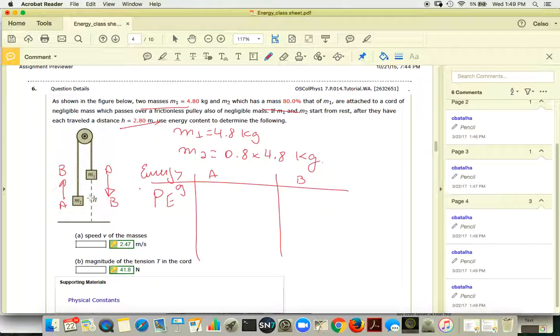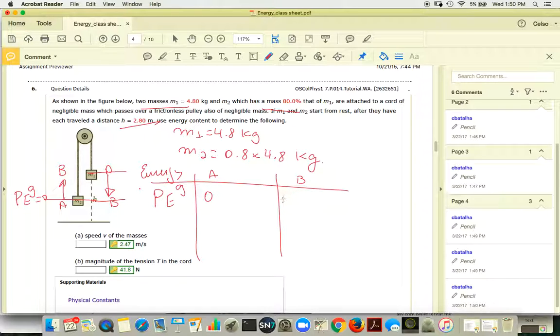If you take the ground level, let's put it that way, the ground level for PEG to be equal 0 on the lowest mass, the block at A is with respect to B at 0, right?